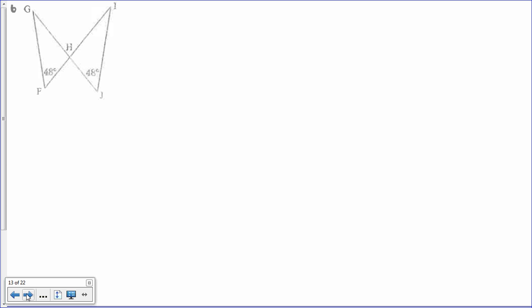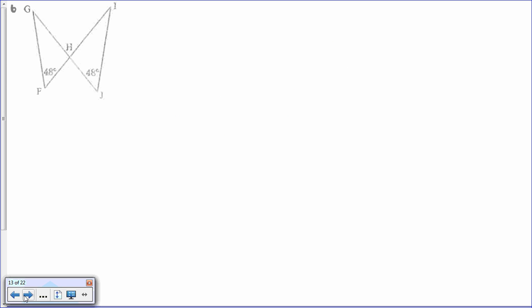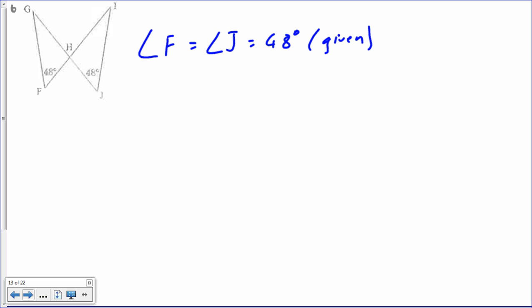Next. Yep, that's cool. Next, B. We need to have a look at this one. The first thing that hits me there is angle F equals angle J equals 48 degrees, and that's given. And then we have, again, alpha 1, alpha 2.